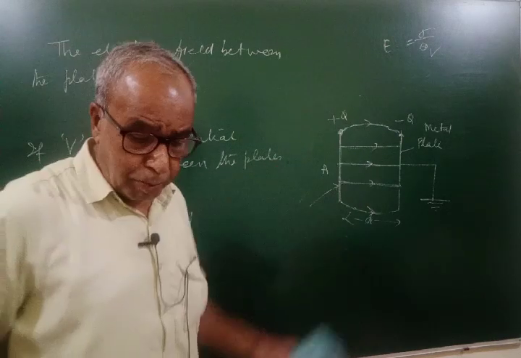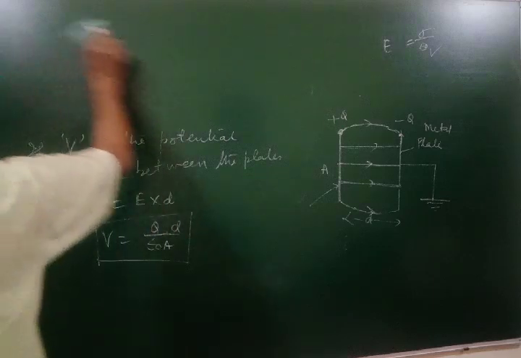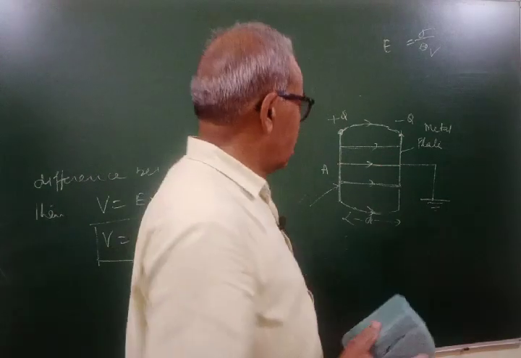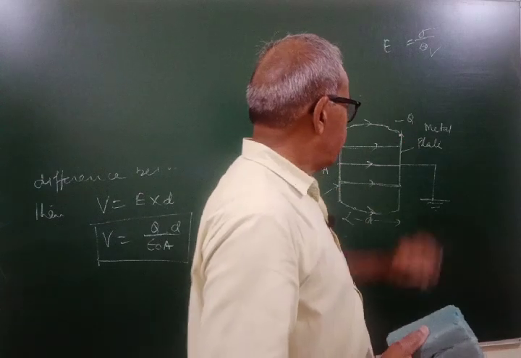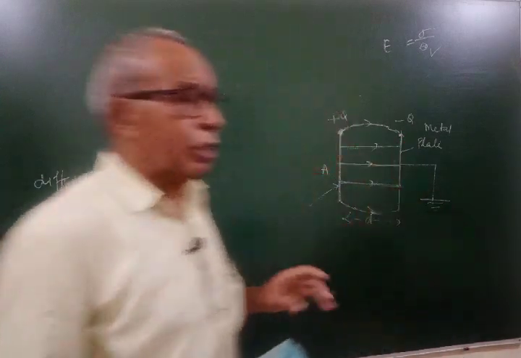While the charge on plate A is Q, and the other plate is connected to earth, so zero potential.